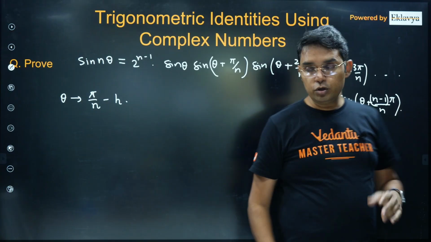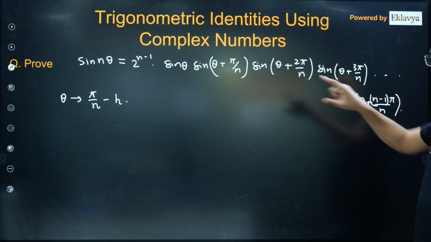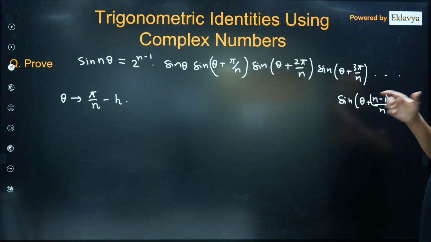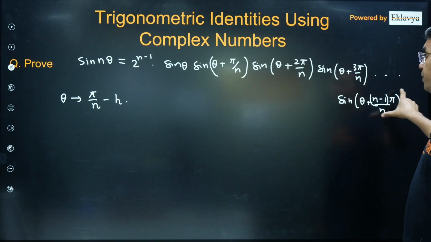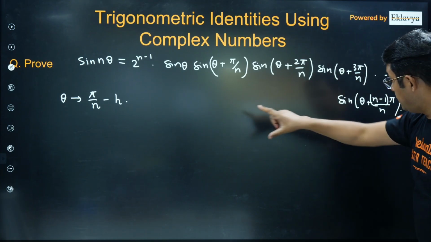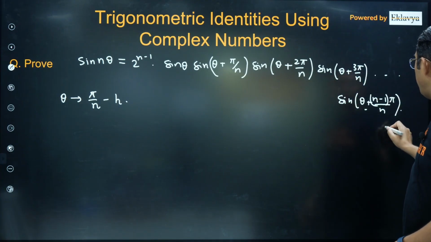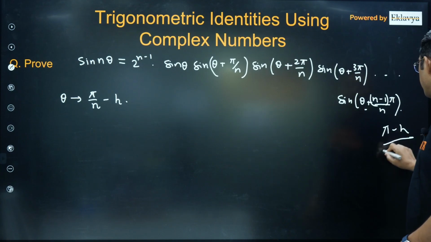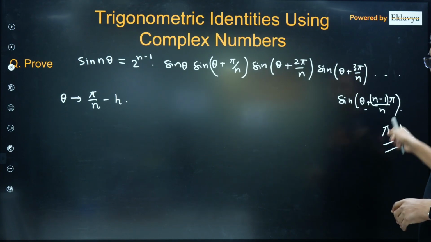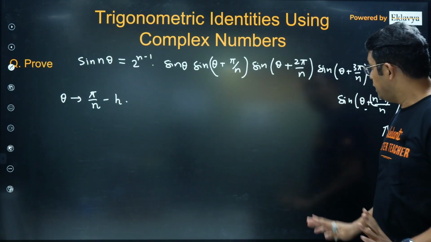In fact, if you write pi by n minus h in place of theta, the last one will be pi minus h, so this will be in the second quadrant.